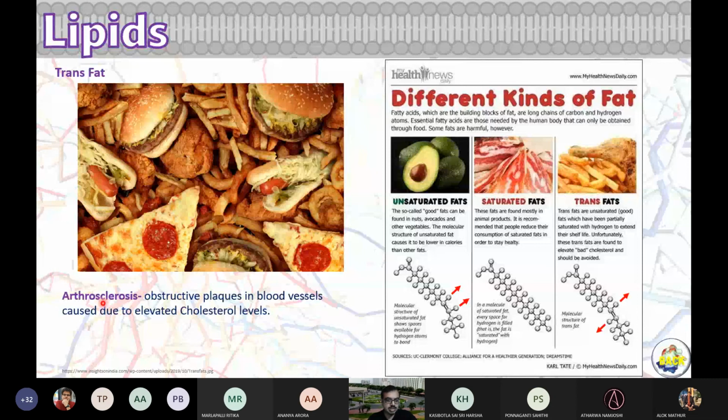This is actually a disease, and it normally happens to blood vessels. And what can high cholesterol cause? Trans fat can increase bad cholesterol in your body, and that gives more chances of atherosclerosis.